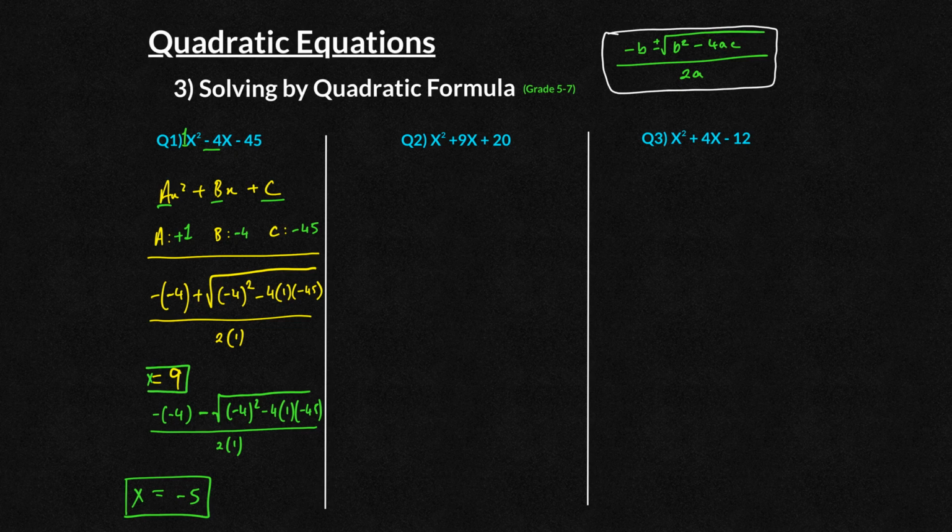Now the only differences between these two is this here and this here. So if you compare that to what we got from solving by factorising previously, you'll see that the answers are exactly the same.